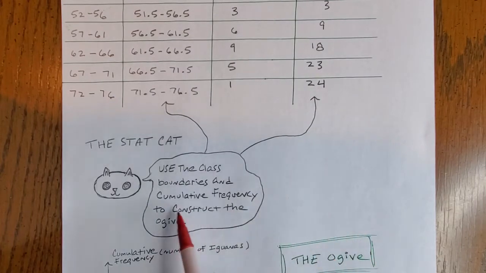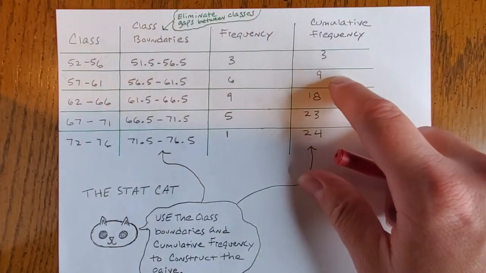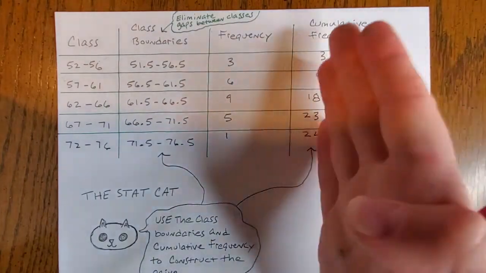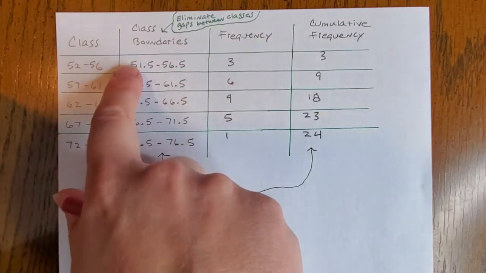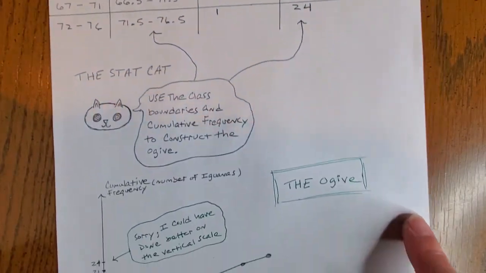So the ogive is a cumulative frequency graph. It lets us tell what the frequencies are up to that point, or so far as you go through the data, all right? Okay, so here's what we're going to do.